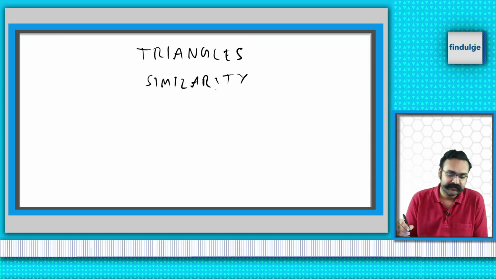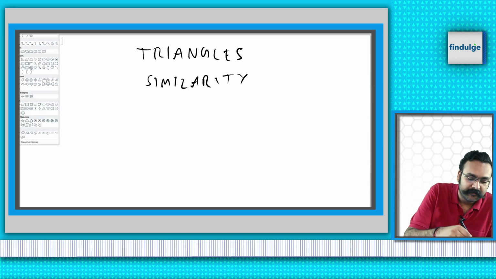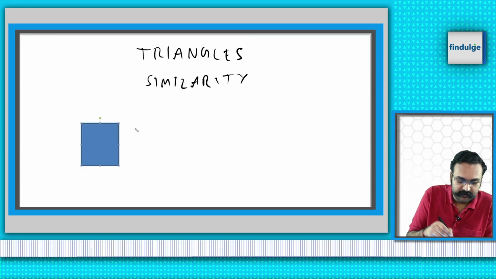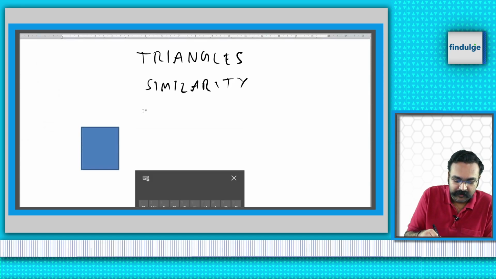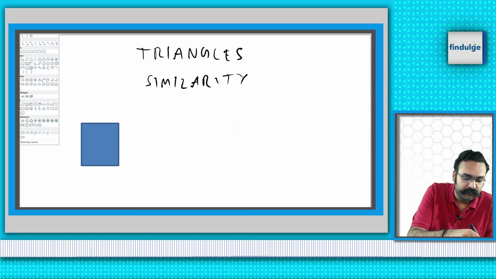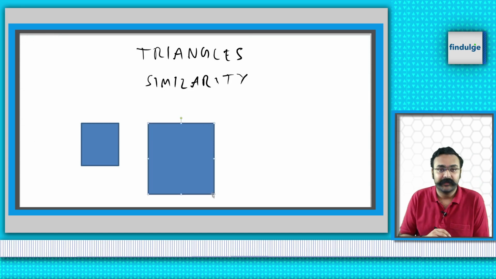What that means is two squares are similar. So let's say one square is this big and another square is also there, but the other square is this big.